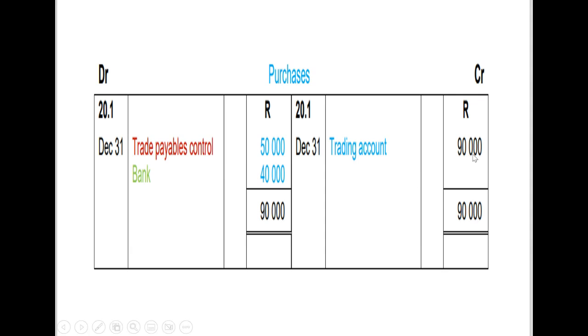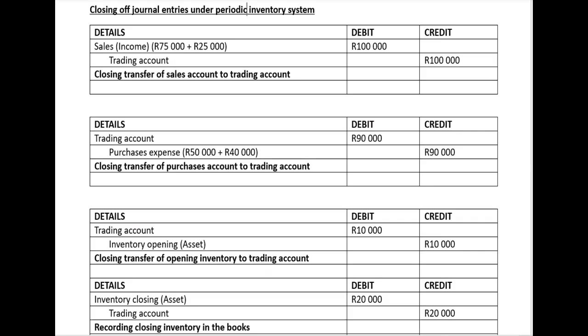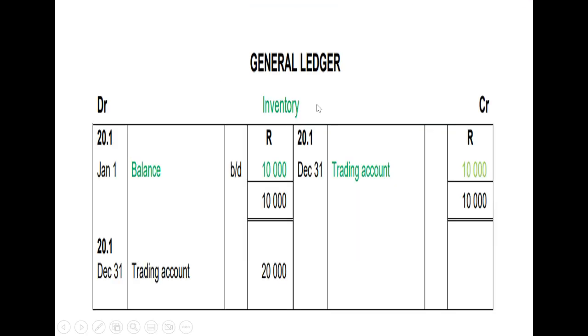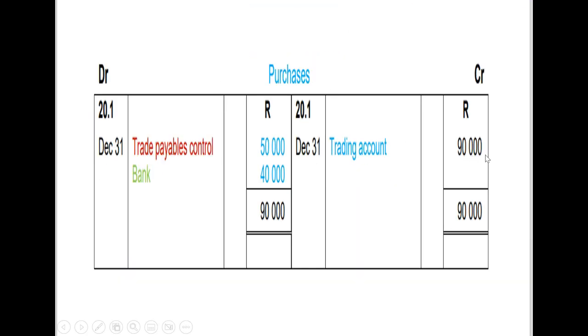That's why we have this 90,000 trading account. We've already done this journal entry here. We said your purchases are credited by 90. We debited your trading account. Yes, that's why you credited your purchases by 90, and then you debited your trading account.